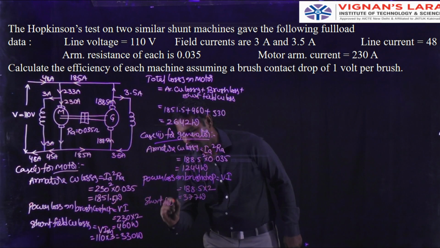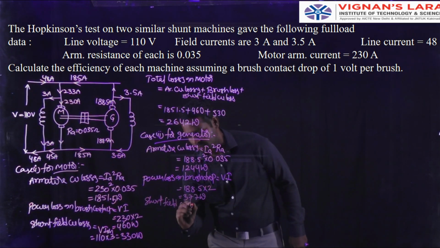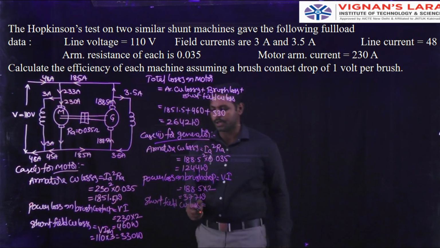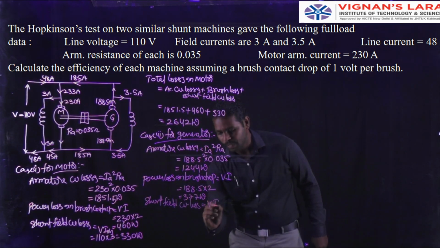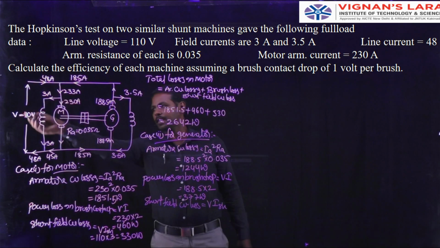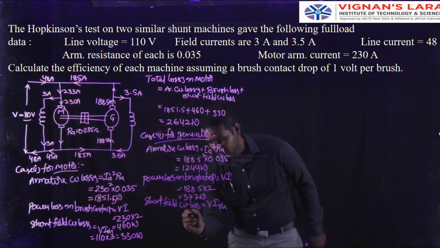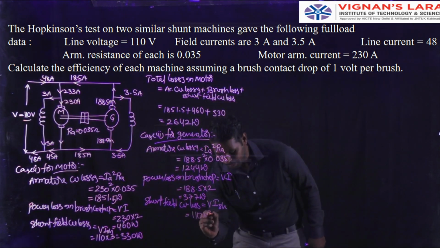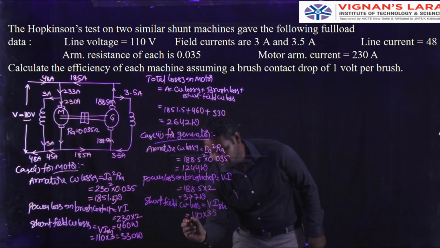The shunt field copper loss is equal to V into Ish. The voltage across these two terminals is also the same as the supply voltage, so 110 multiplied with 3.5 is equal to 385 watts.